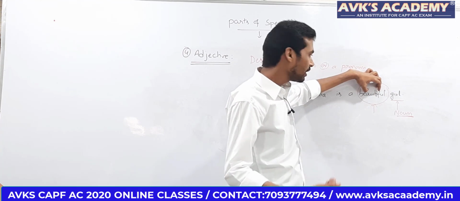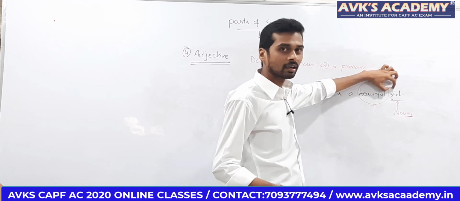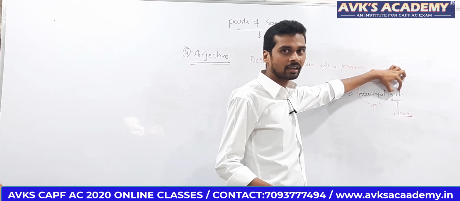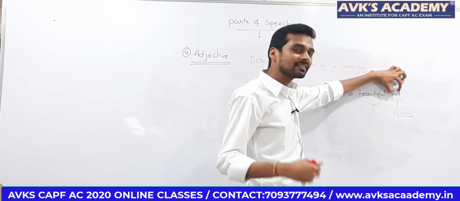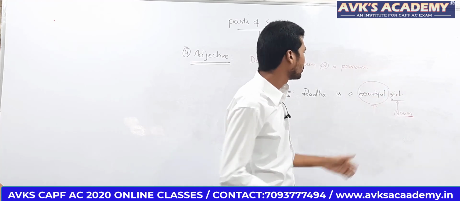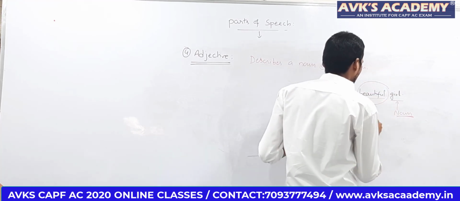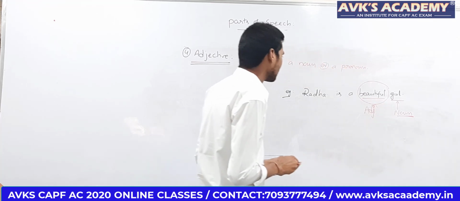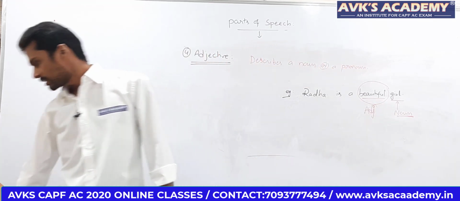It is qualifying or describing that girl. This beautiful is describing this girl only. In other words, adding something to the noun. So that's why beautiful becomes an adjective. Okay, we will take one more example.